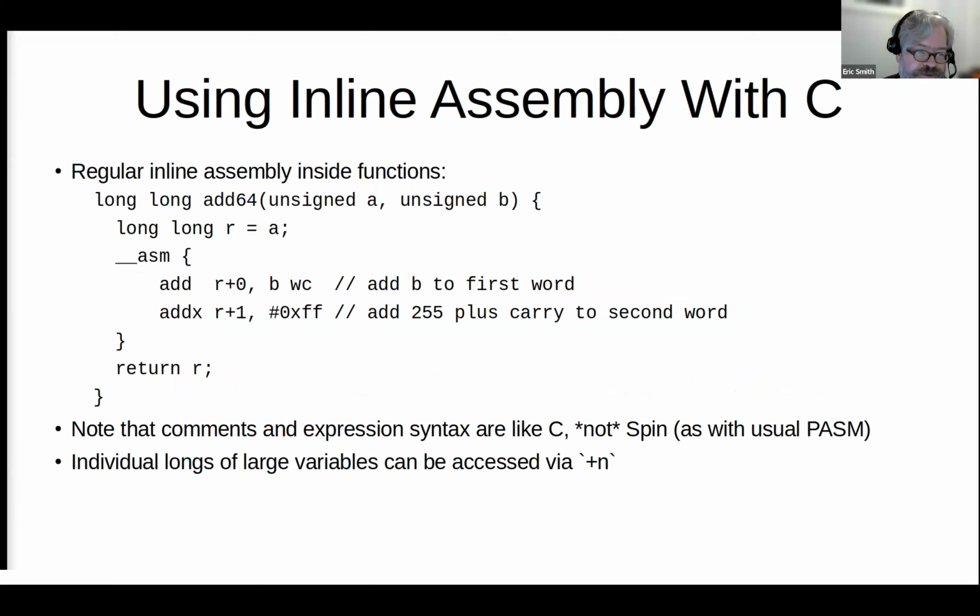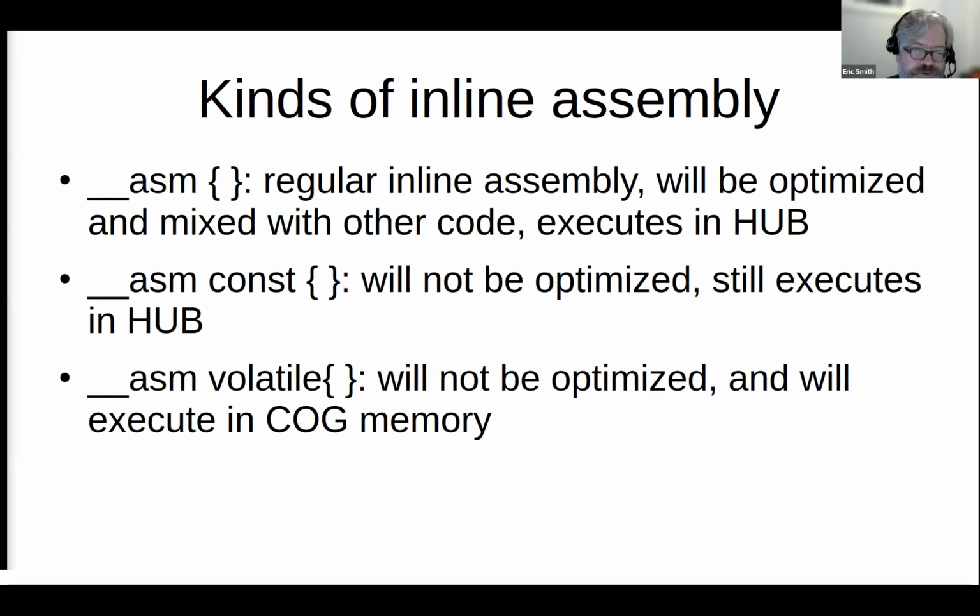Or if it finds that some other things can be combined or merged, it'll do that. As far as it's concerned, the code you wrote is just the same as the code it wrote, and it's happy to do stuff to it. A lot of times you may not want that, so you can put a const modifier on it and say this ASM is constant. Don't optimize it. It's okay to run it in hub memory, but don't touch it.